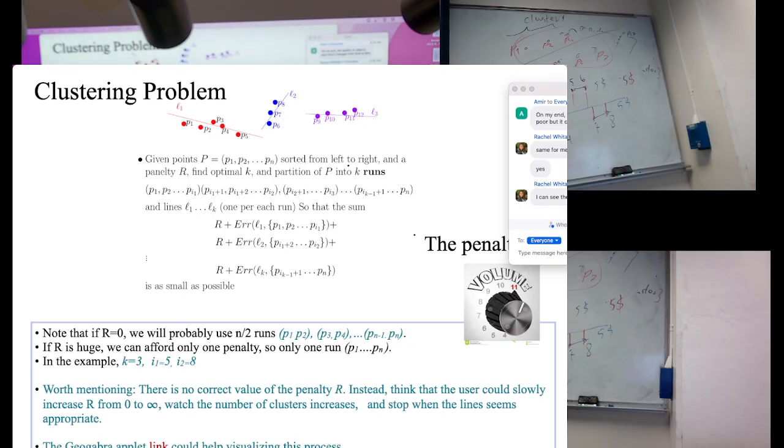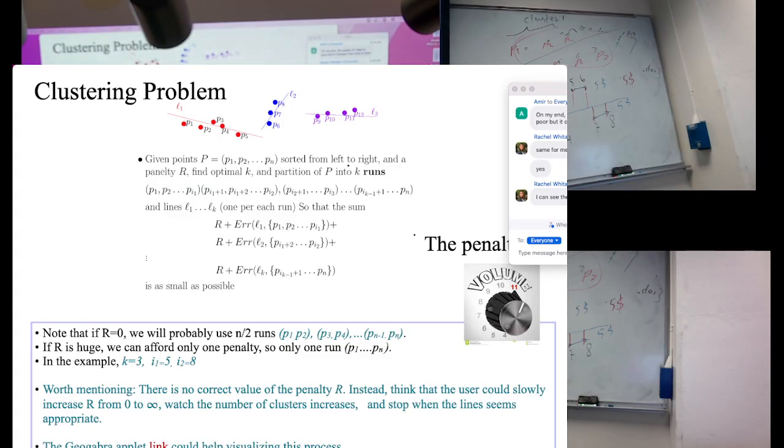First, I'm paying R because it's a cluster, and second, I take the points from P1 till P5, compute the best line, and compute the error that I get for this line. Does this line really fit the points well? Is this line far away from these points? Because I still don't know that this is a good one. The penalty that I pay for this one will be R plus the error between the optimal line and the points. But I have to pay for other clusters.